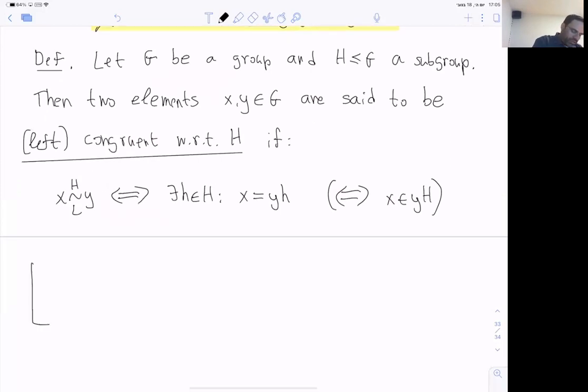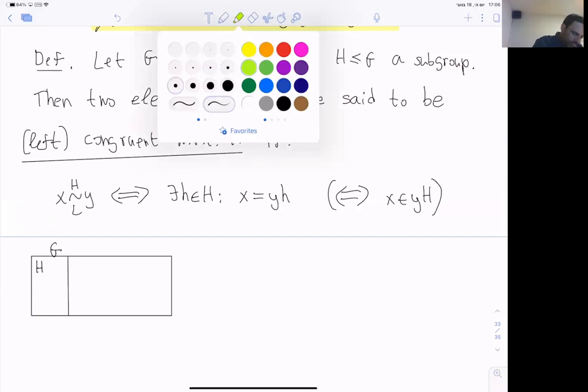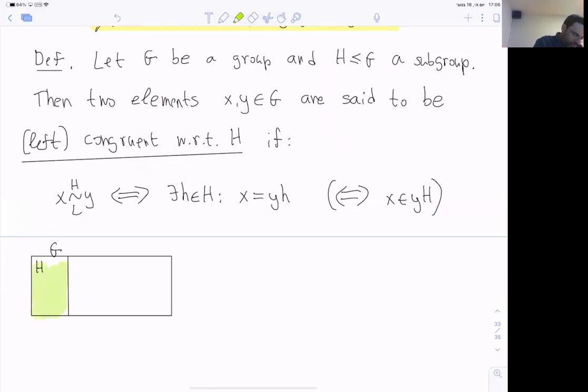Suppose this is G. Inside G, we have a subgroup H. So of course, if we take an element of H and we multiply, with respect to the given operation, all elements of H by this little h from the left, then this is going to be just a permutation of H elements, because H is closed.